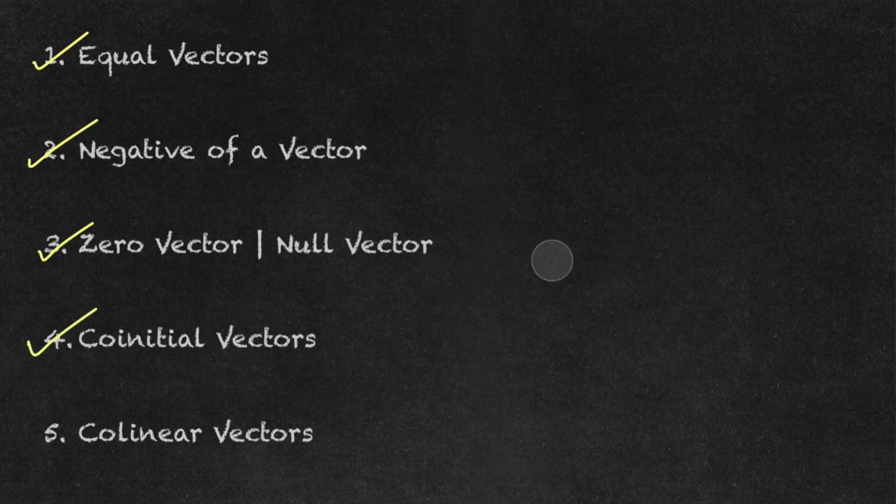Number 5, collinear vectors. Any two vectors which lie on the same line, then those two vectors or three vectors are called collinear vectors. For example, suppose there are two vectors, let us say vector A and vector B. And since they lie on the same line, that's why this vector A and B are called collinear vectors. And one thing is to note that they have the same direction also.